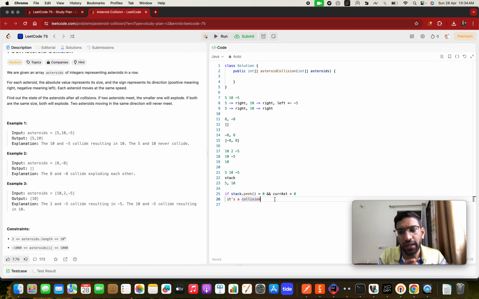If both asteroids are equal, none of them will survive, and whichever is greater gets pushed to the stack. So in this if condition, whichever is the maximum of our stack's top and our current asteroid, we can push it to the stack.